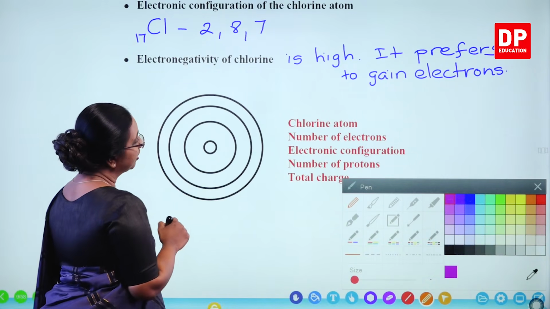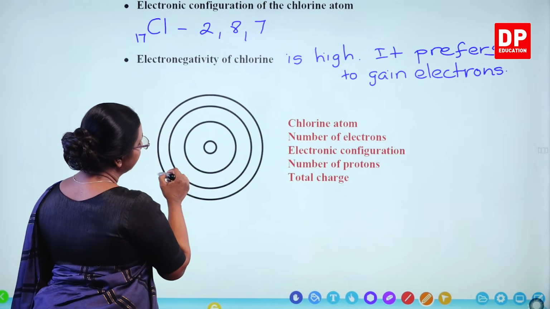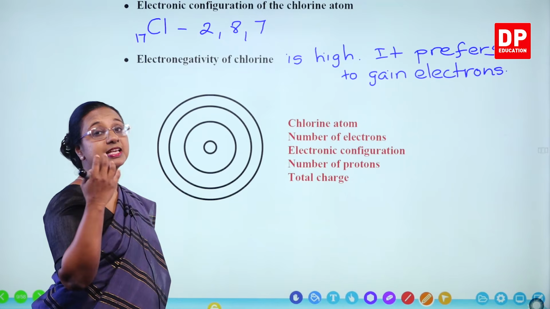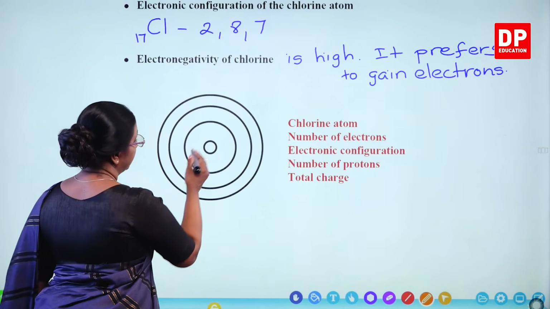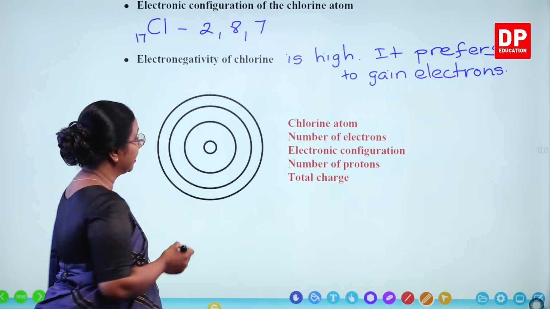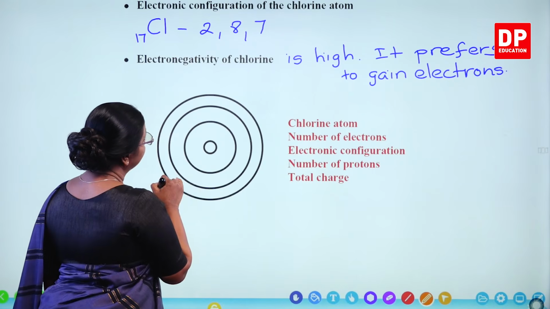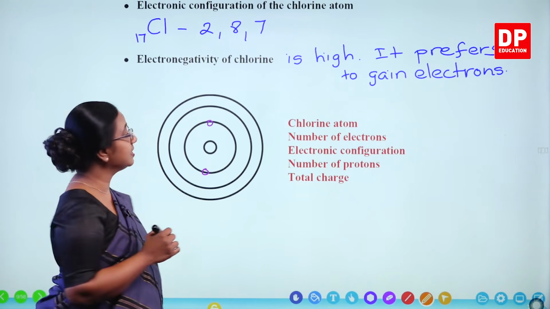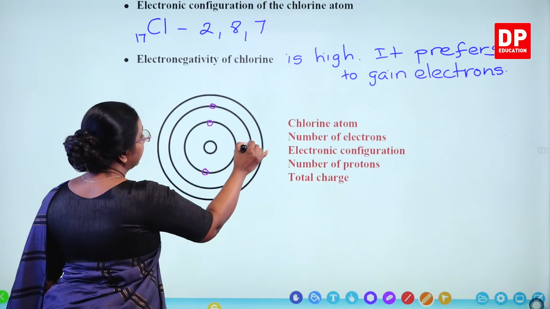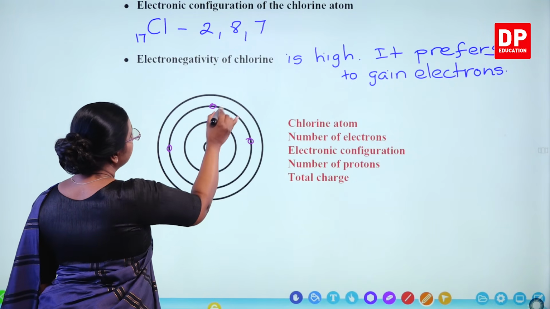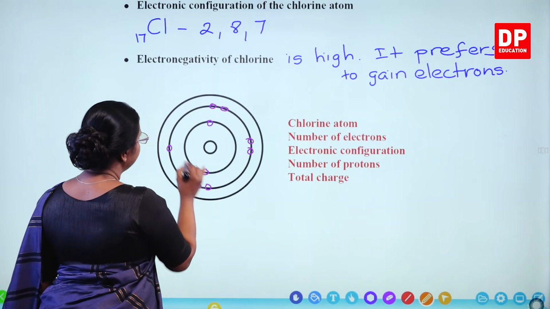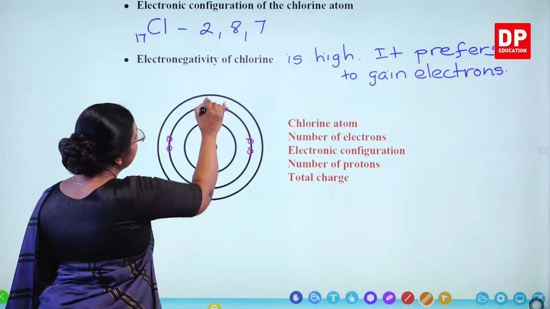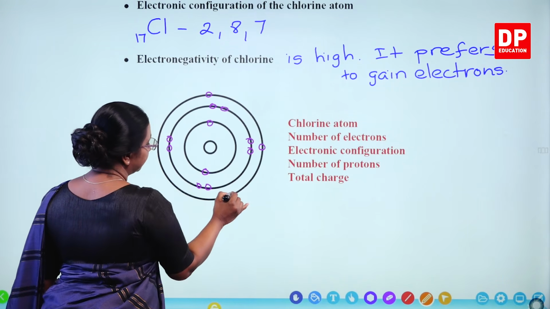So here we have the chlorine atom. This is the nucleus. The nucleus has 17 protons and there are neutrons as well. We can arrange the electrons here. You know the 2 electrons go to the first energy level. Then 8 electrons go to the second energy level. And there are 7 more electrons.